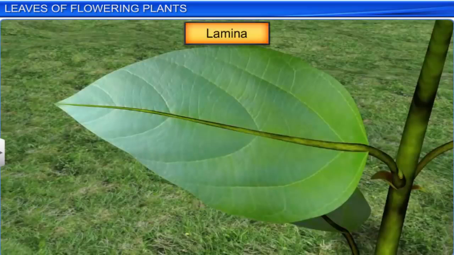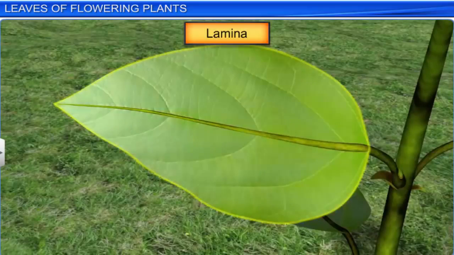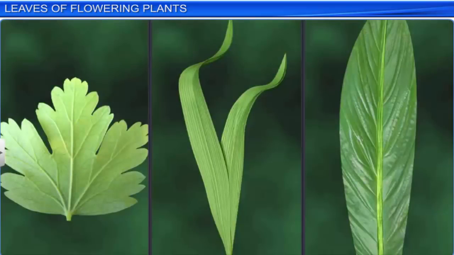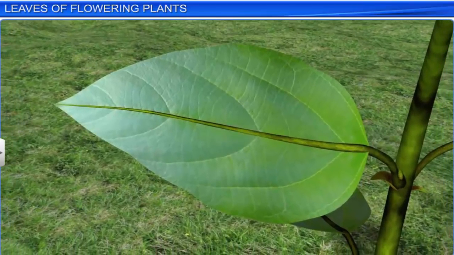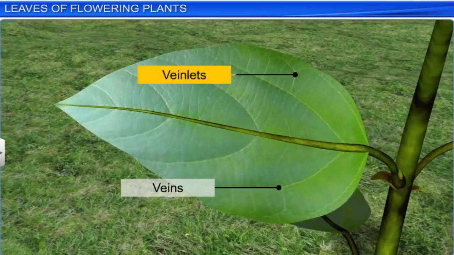The lamina is the expanded green portion of a leaf. However, its shape, apex, surface, margin, and extent of incision vary from plant to plant. The lamina also has many veins and veinlets running through it.